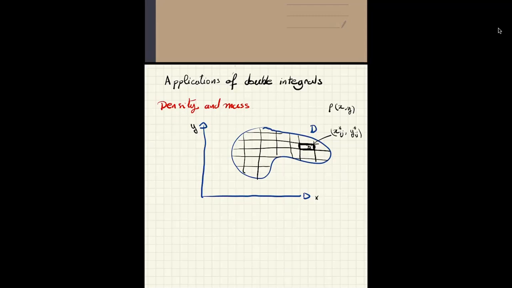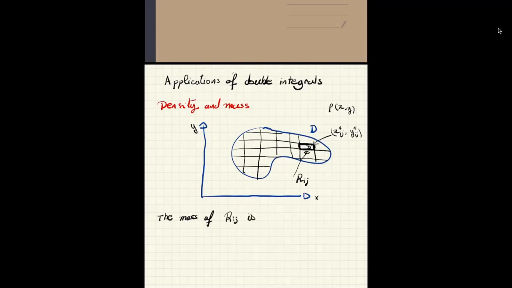Any point you can choose. And then what is the mass of this small rectangle? We call this one R_ij.